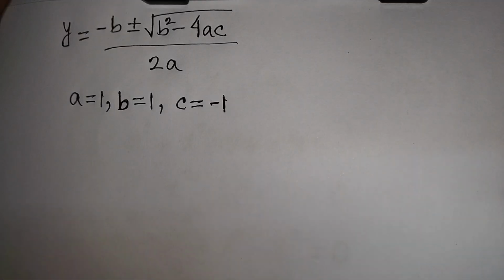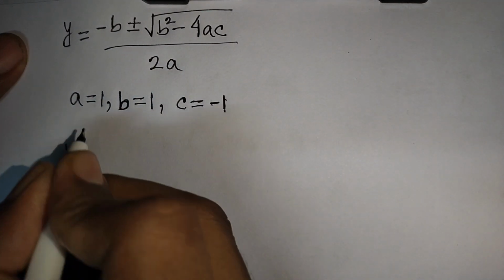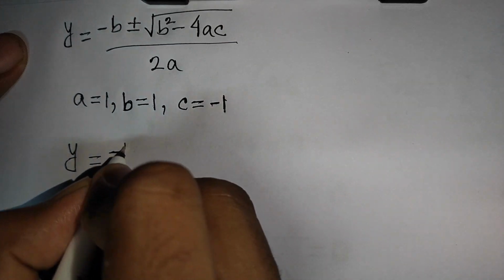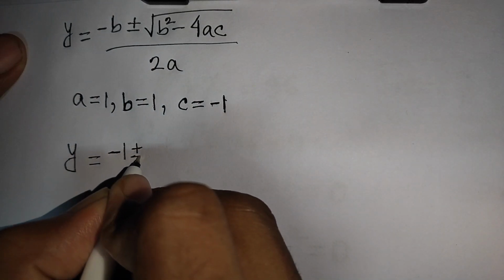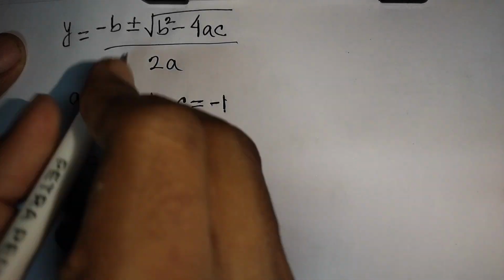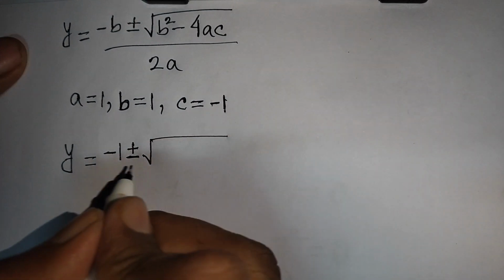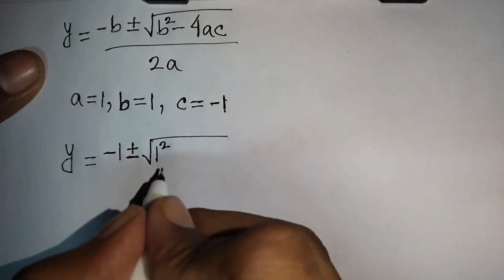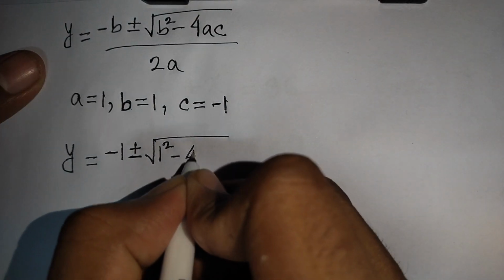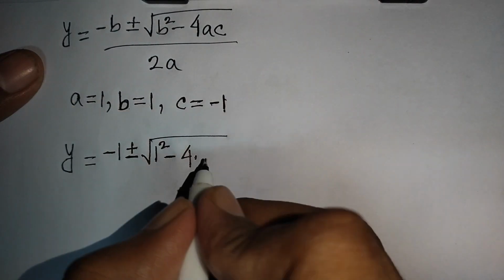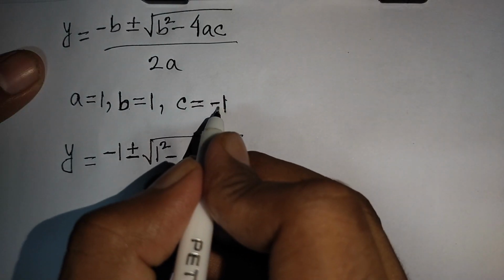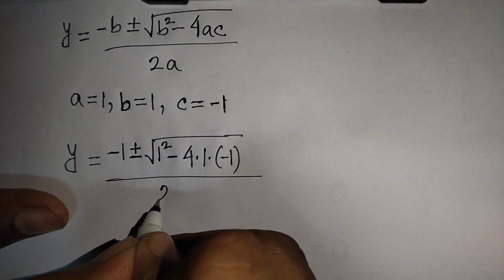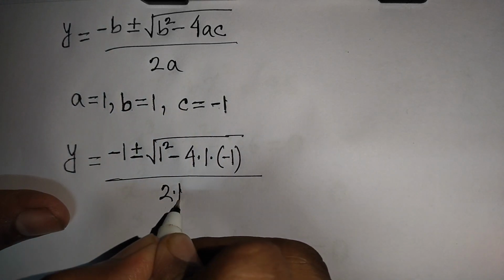Now we can write here y will be equal to minus b, that means minus 1, then plus or minus the square root of b square, that means 1 square, minus 4 times a, that means 1, times c, that means negative 1, so it will be bracket negative 1, then divided by 2 times a, that means 1.